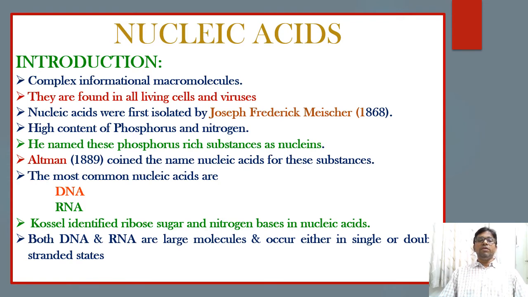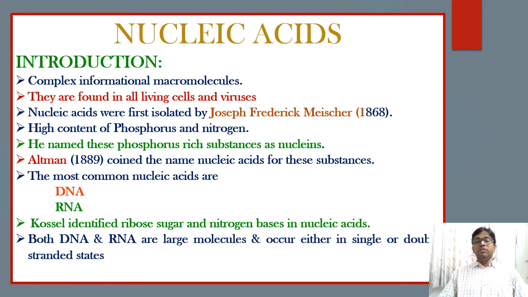Nucleic acids were first isolated by Johann Friedrich Miescher in the year 1868. He isolated the nucleic acids from the nucleus of pus cells from wounded soldiers, and he observed a high content of phosphorus and nitrogen in these substances.